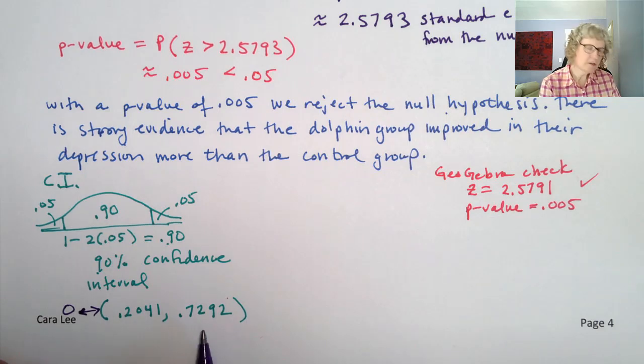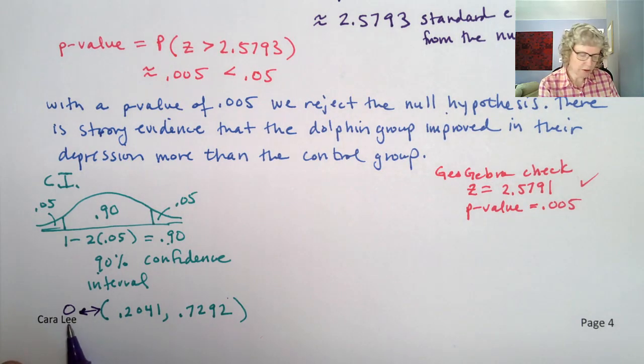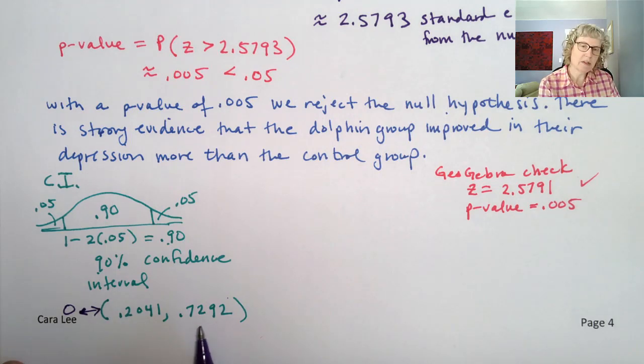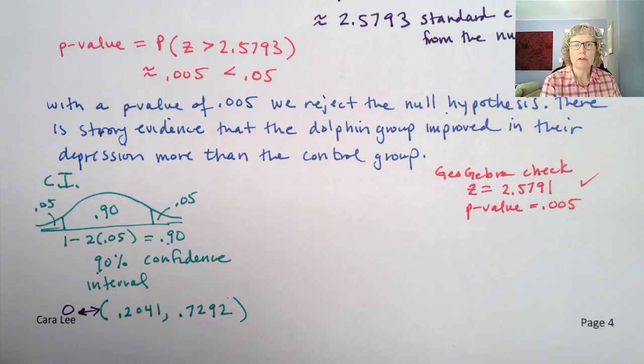We want the direction of the interval to be in the direction of the alternate, right? If the null value is not in there, it's not a plausible value. So this is essentially saying the dolphin group improved by 20% to almost 73% more than a control group in this scenario, right?